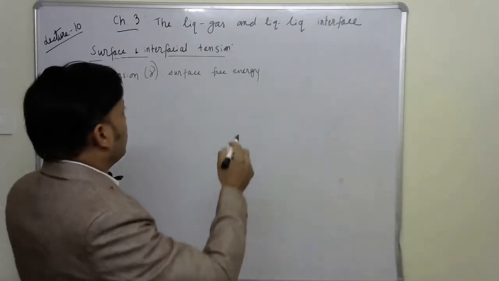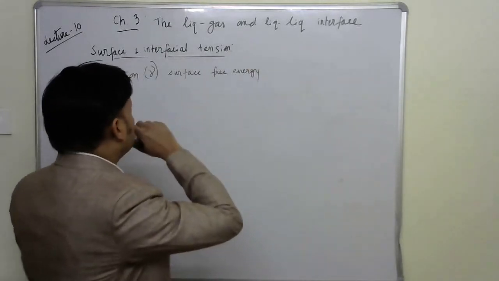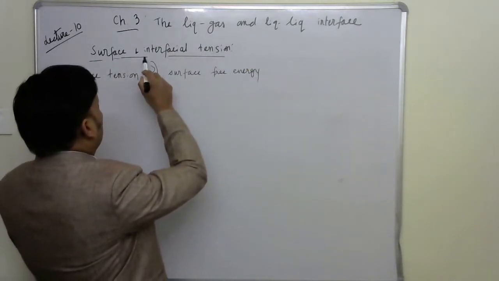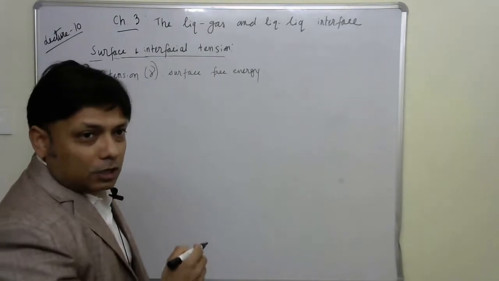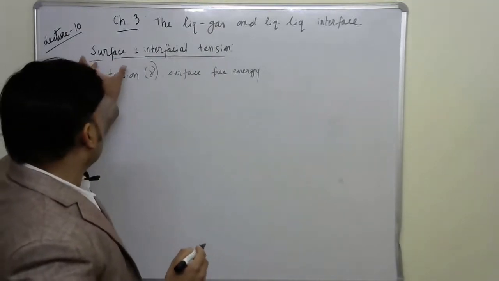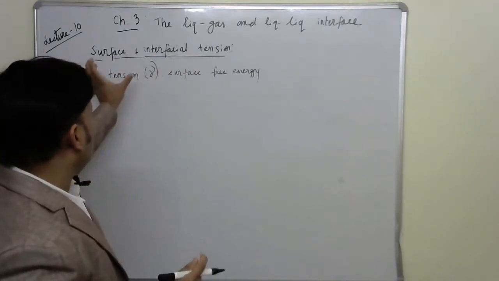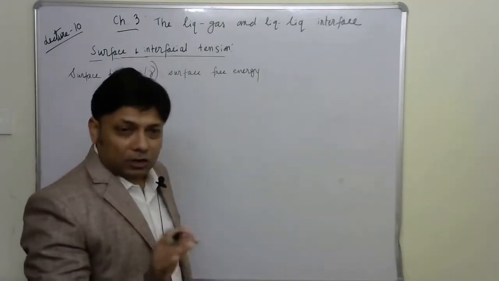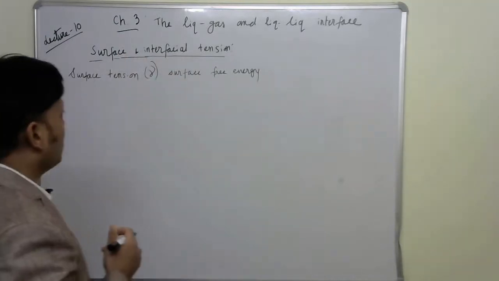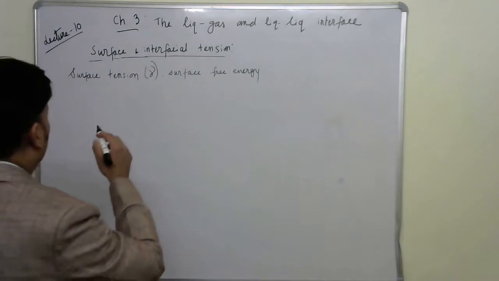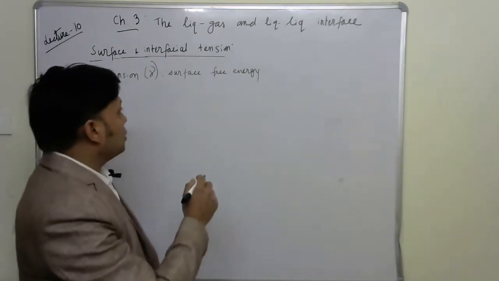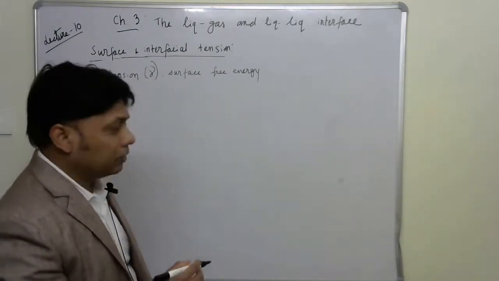And when we talk about liquid-liquid interface, we should be talking about interfacial tension. Therefore, whenever there is a surface or interface, we have surface or interfacial tension respectively. So we begin with the definition of surface tension, also known as surface free energy.